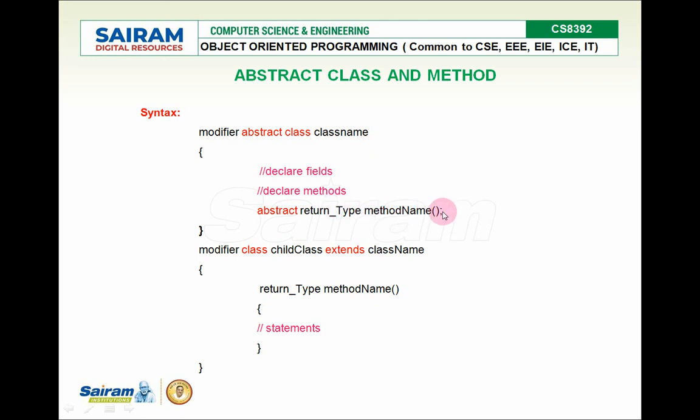Only the method name, no body. This method must be implemented in the subclass. So here, modifier, class keyword, child class or subclass, extends the base class name, and here the abstract method is supposed to be implemented, defined or overridden. That's about the syntax of the abstract class.